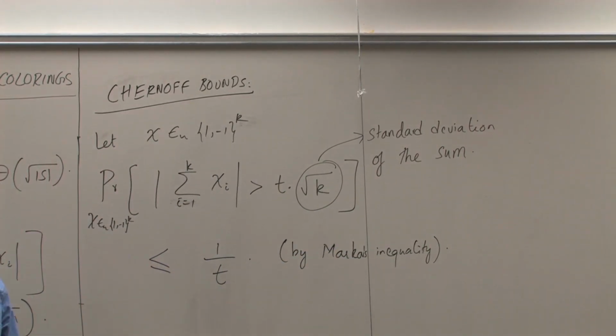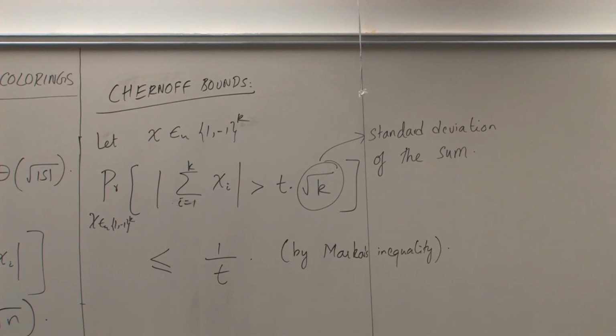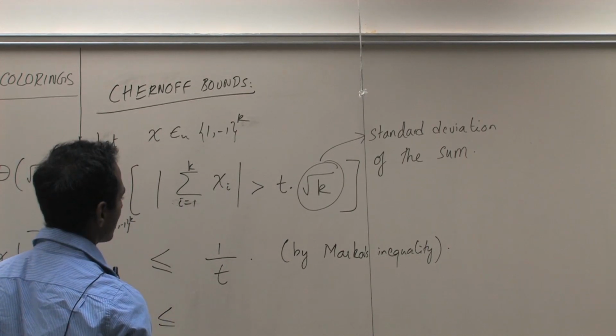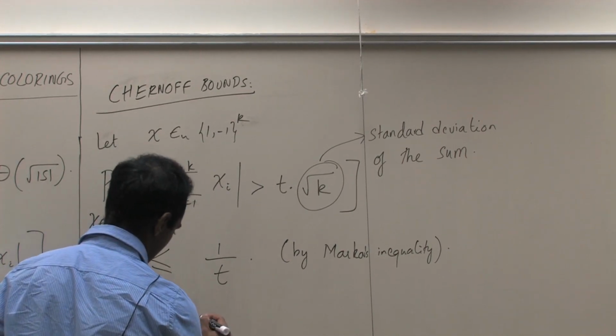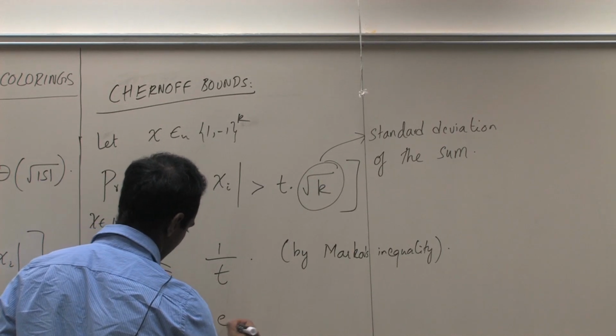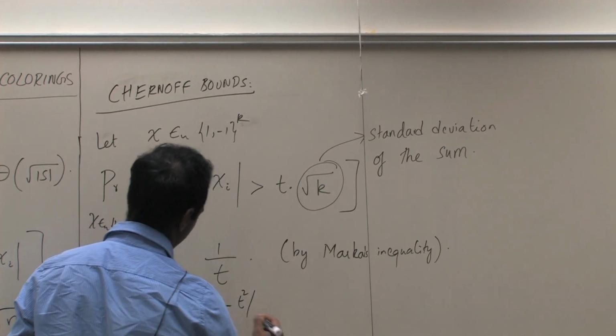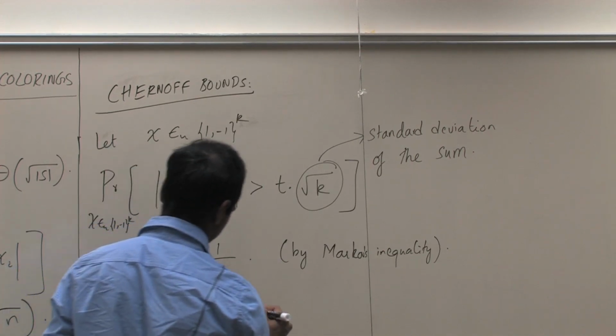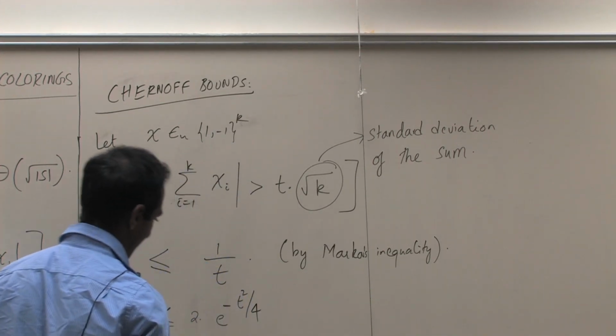So this is fine, but actually something much stronger is true. Okay. So Chernoff's bound says that this is at most 2 times e to the minus t squared by 4, let's say.